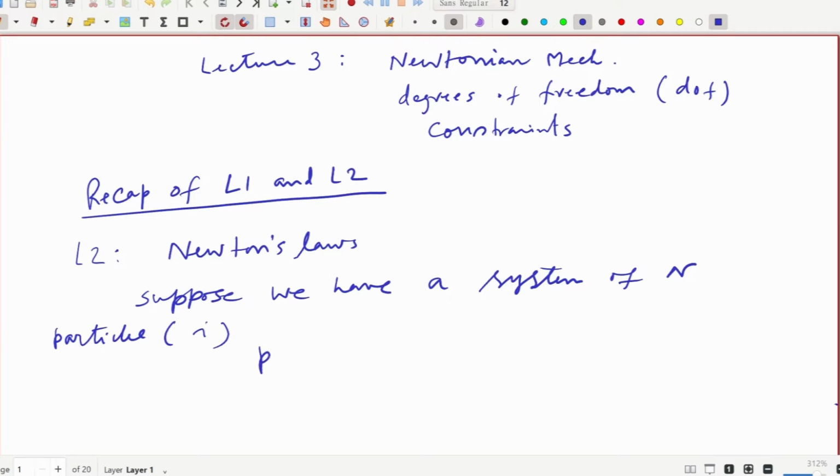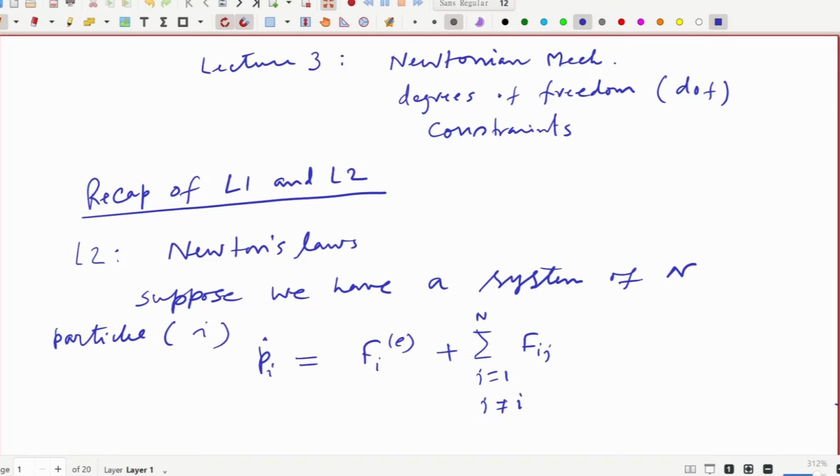So, the force on the ith particle, the rate of change of momentum of the ith particle, will be equal to the external force acting on the ith particle, plus there will be some mutual interaction between the particles. So, we will have the force due to all other particles acting on the ith particle. Let us denote it with F_ij, where j goes from 1 to n and j not equal to i. So, this is your internal force and this is your external force.